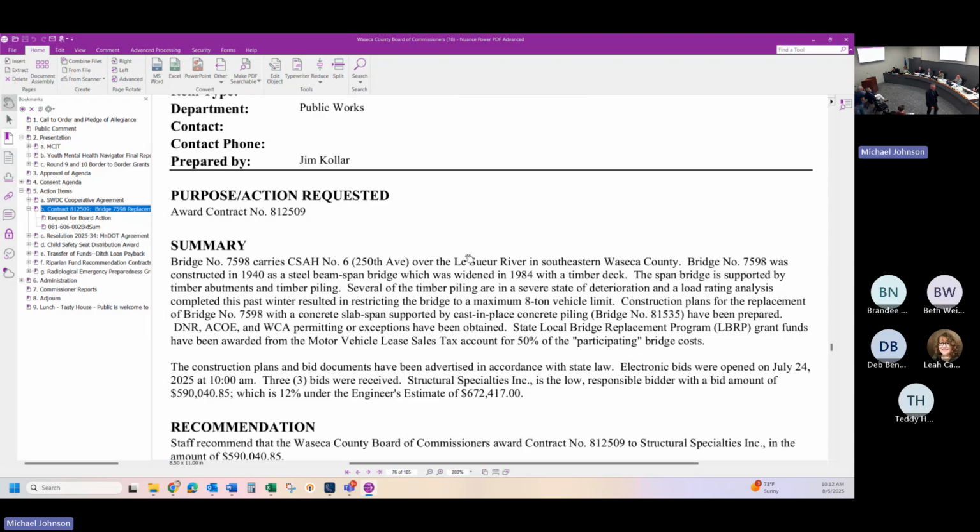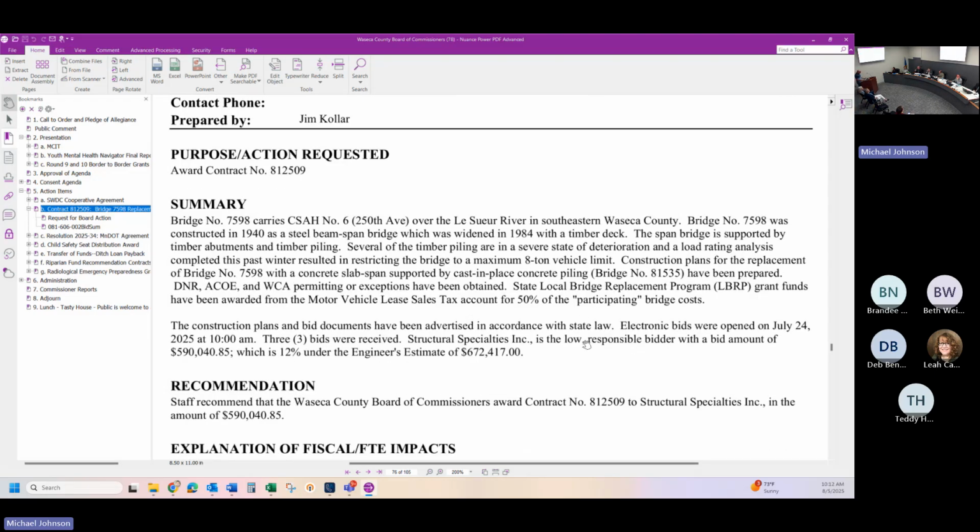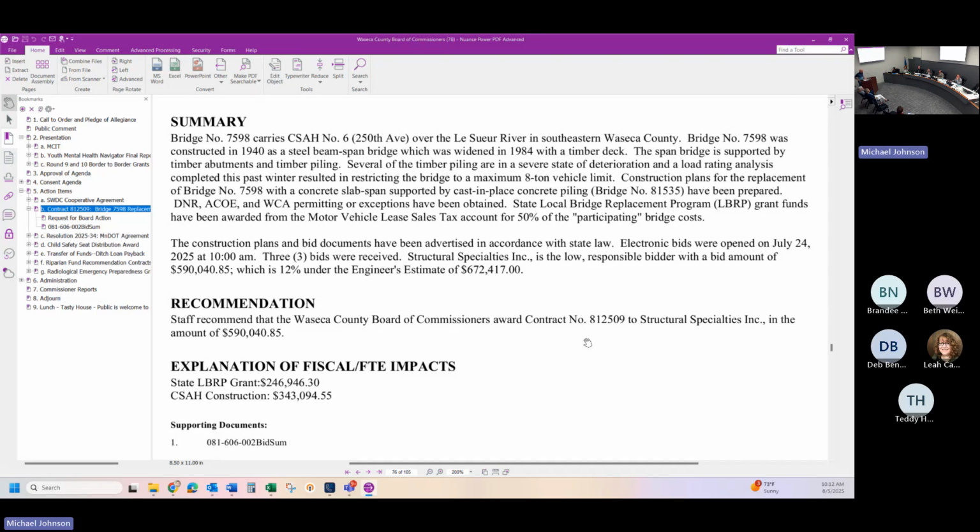Contract 1 for 812509, Bridge 7598 replacement. Jim. Morning. So this is a proposed contract to replace Bridge 7598, which carries County State Aid Highway 6 over the Le Sueur River, north of Richland.